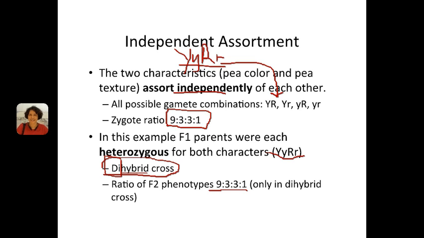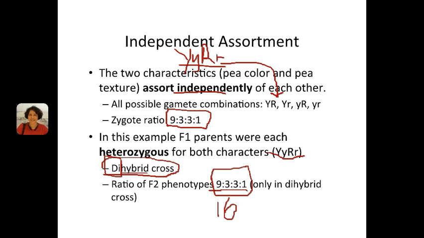And what do we mean with that ratio of 9 to 3 to 3 to 1? We mean that out of all the offspring, you have to add all of these up. 9 plus 3 is 12, plus 3 is 15, plus 1 is 16. So out of 16 possible types of offspring, 9 of them are going to have the two dominant phenotypic characteristics.